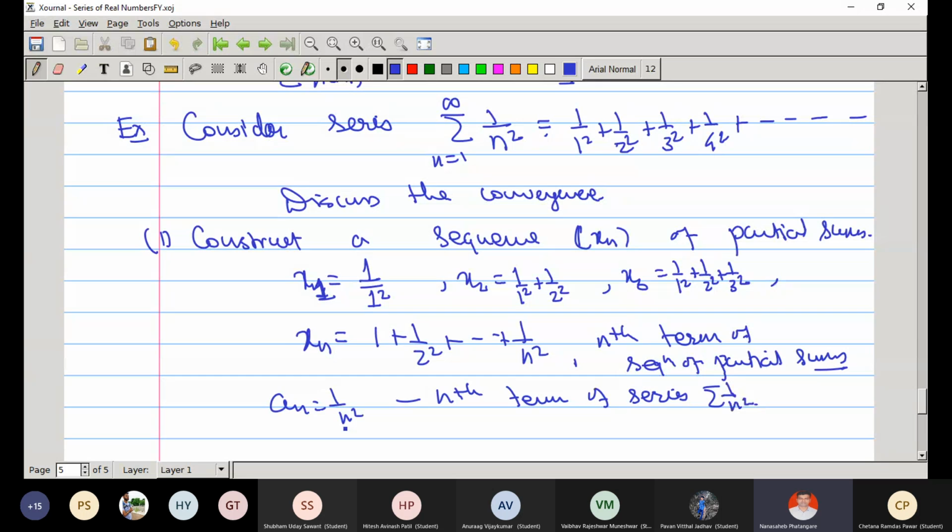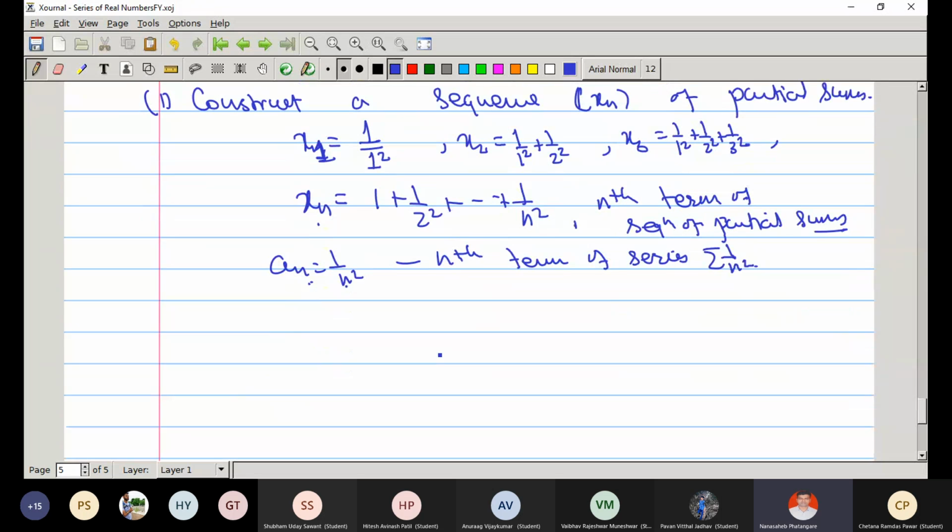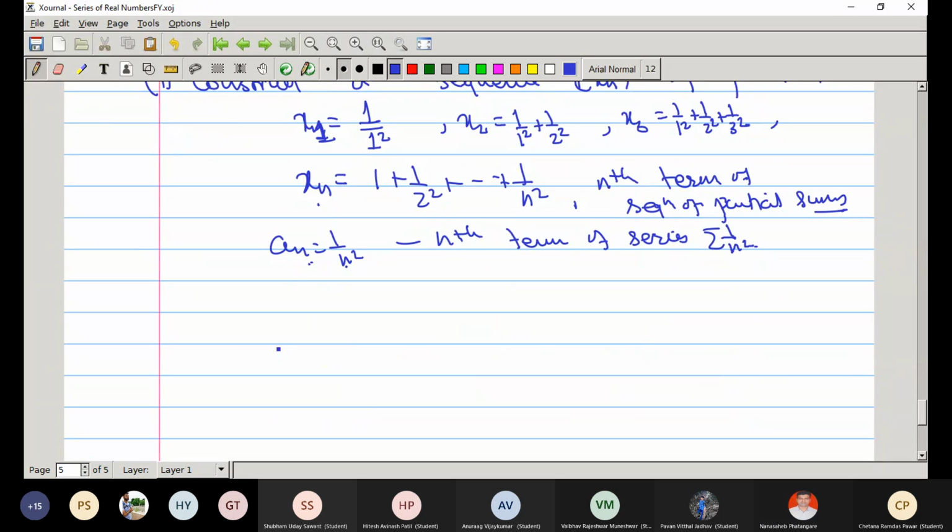There is a difference between the nth term of the sequence of partial sums and the nth term of the series. So the nth term of the series is an, which is 1 by n square. But the nth term of the sequence of partial sums is the sum of the first n terms of the series. So there should not be confusion. So, note that.